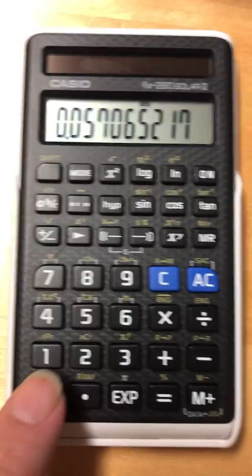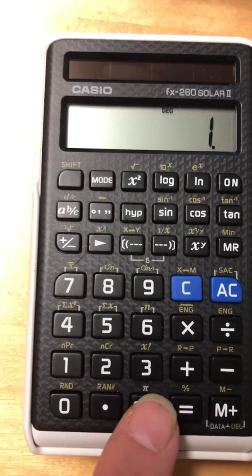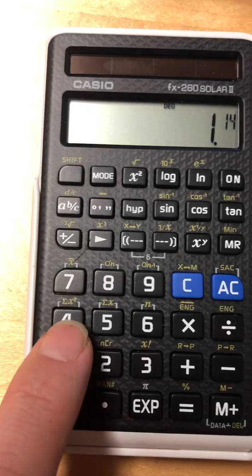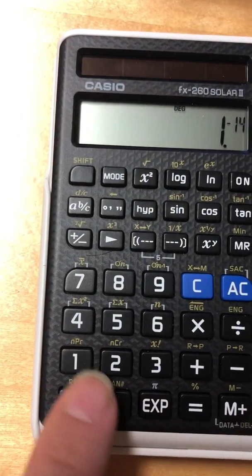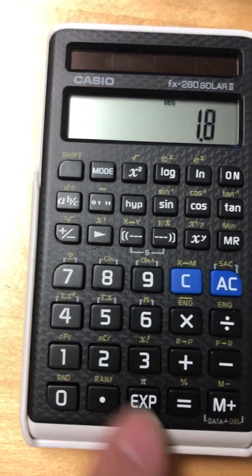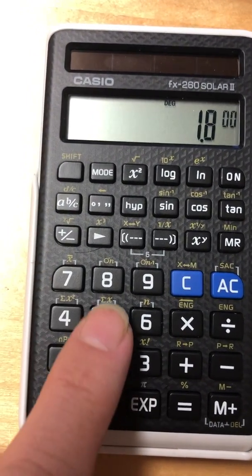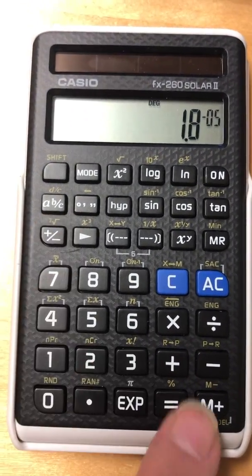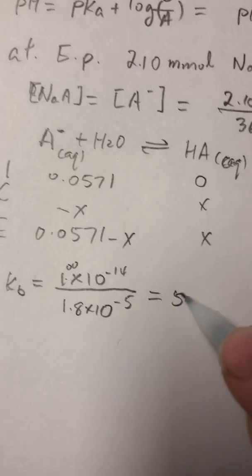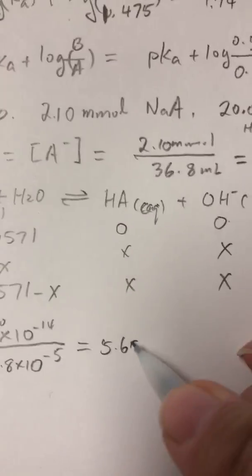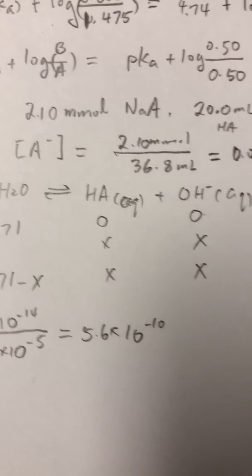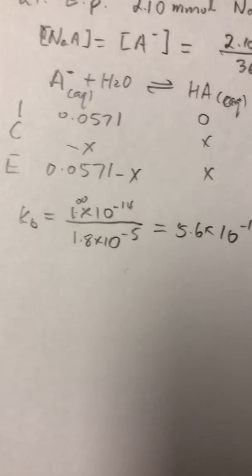So in the calculator, 1 E negative 14 divided by 1.8 E negative 5. What does it give you? 5.56, or let's say 5.6 times 10 to the negative 10th power.